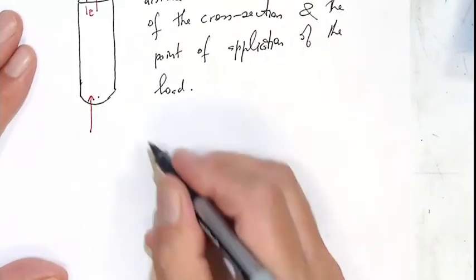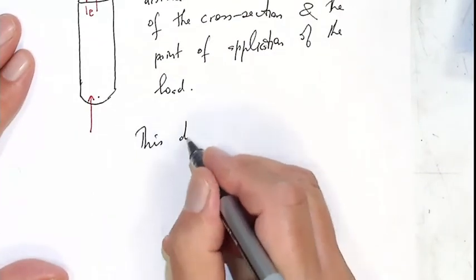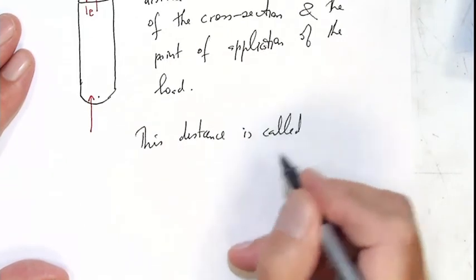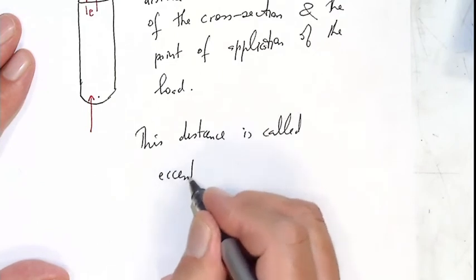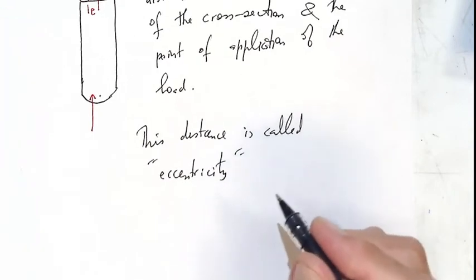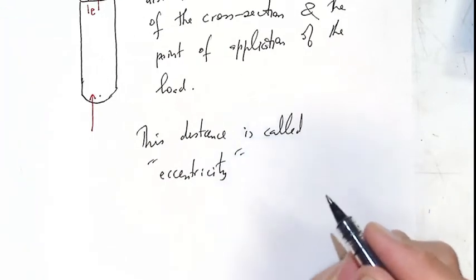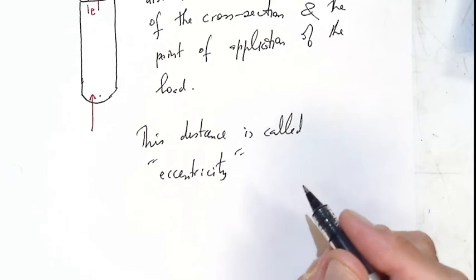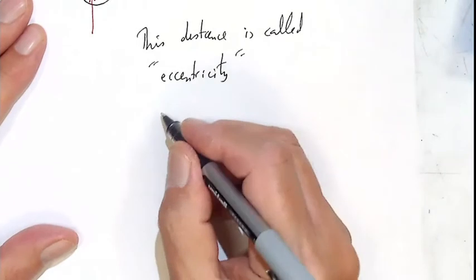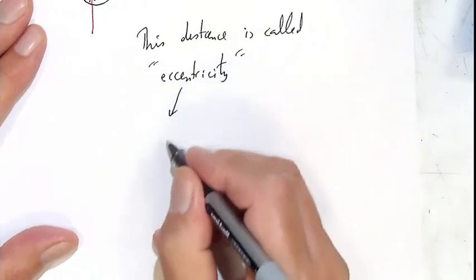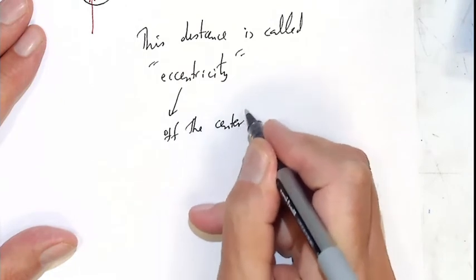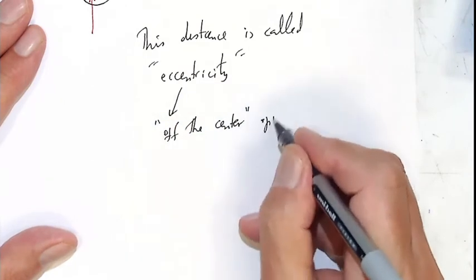This distance is called eccentricity. Okay, we will deal with this issue now. Eccentric means off the center application of the load.